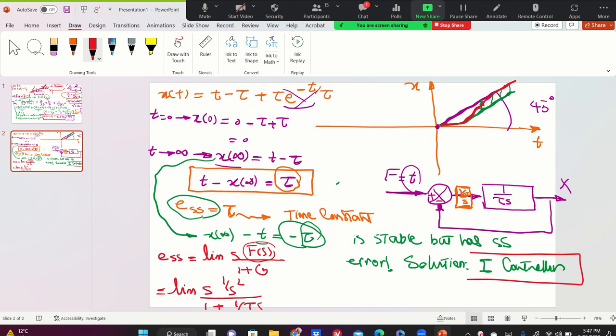Open loop, okay? Guess what this goes to? It is the limit of 1 over s plus 1 over tau, if you move the 1 over s to the denominator, when s goes to 0. It goes to tau. There we go.